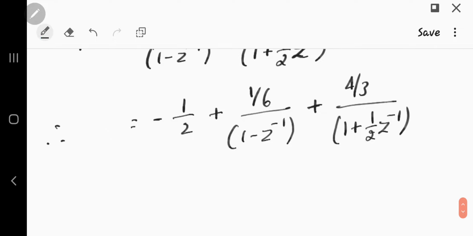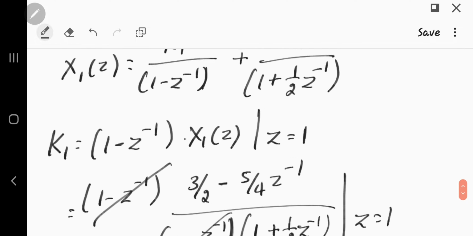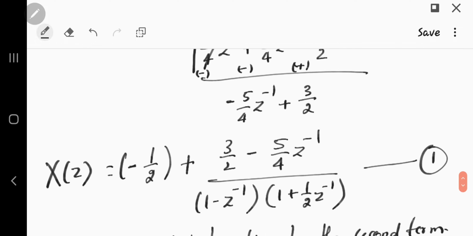And finally this is X of Z here. So I'll check once again. Yes, everything has been corrected.